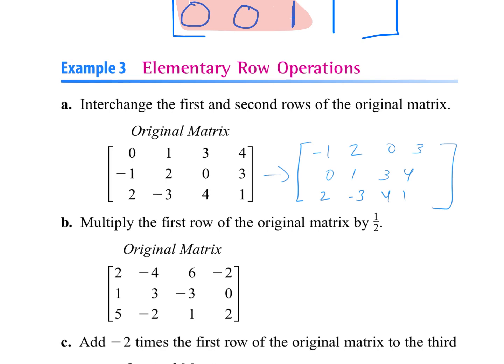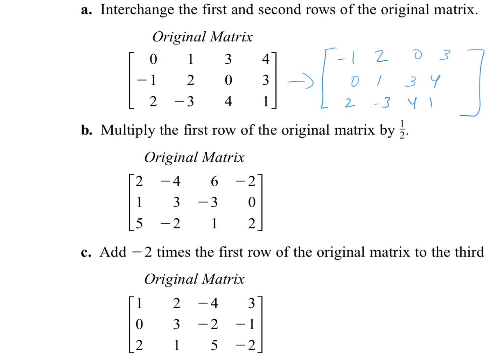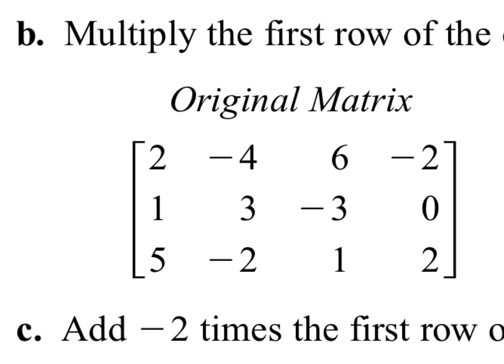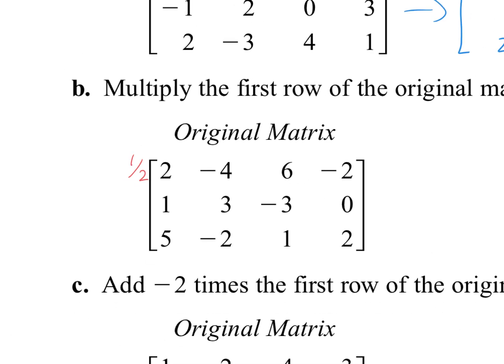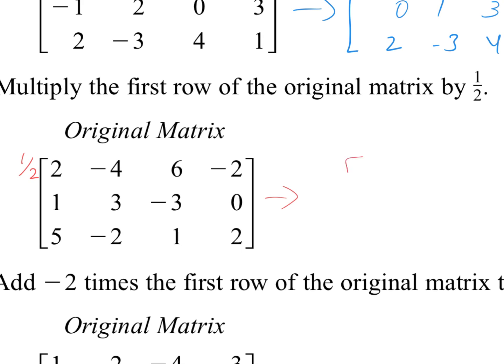All right, what about this? What does B tell me to do? Multiply the first row of the original matrix by 1/2. Well, multiplying by 1/2 is the same as dividing by 2. Did they tell me to do anything else to any other rows? No. So row 2 and row 3 are going to stay the same.